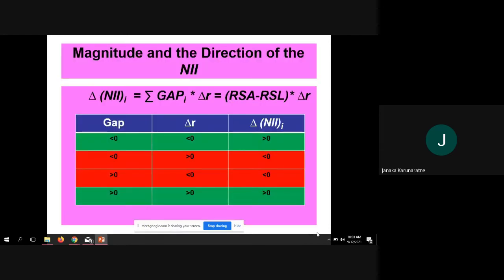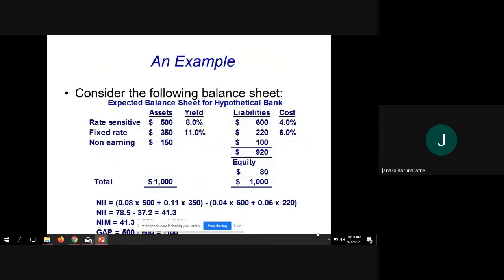Now we'll take a very simple example of how this will take place, a simple balance sheet. Now we have rate sensitive assets 500, rate sensitive liabilities 600.